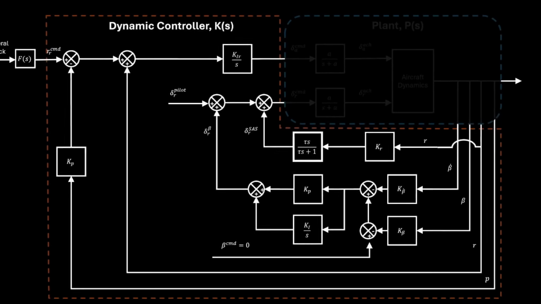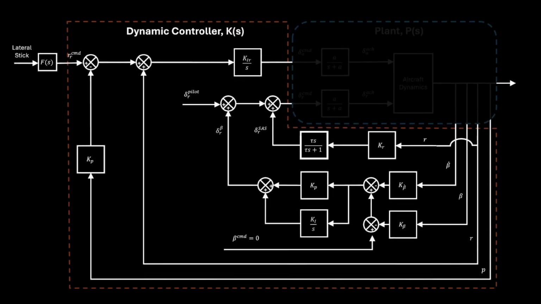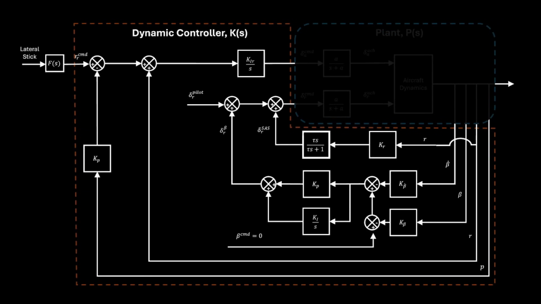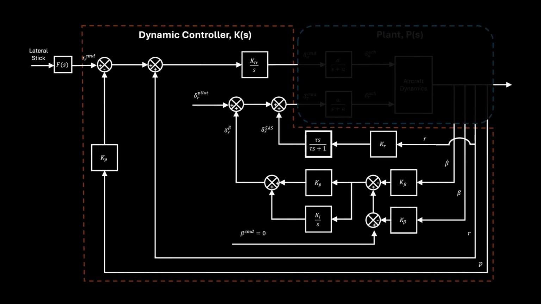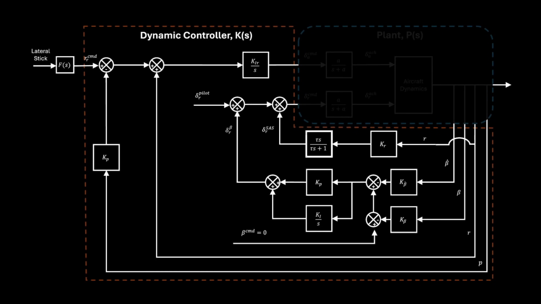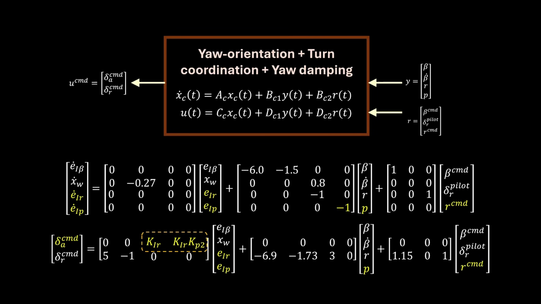These connections in state space will involve substitutions of outputs into inputs, and in some cases, simply stacking state space systems together. The key is to try to keep the math consistent with the diagram. Ultimately, we get the 4-state dynamic control system.